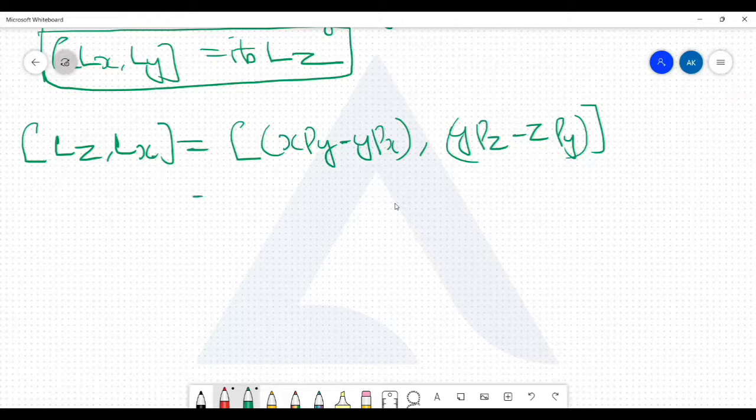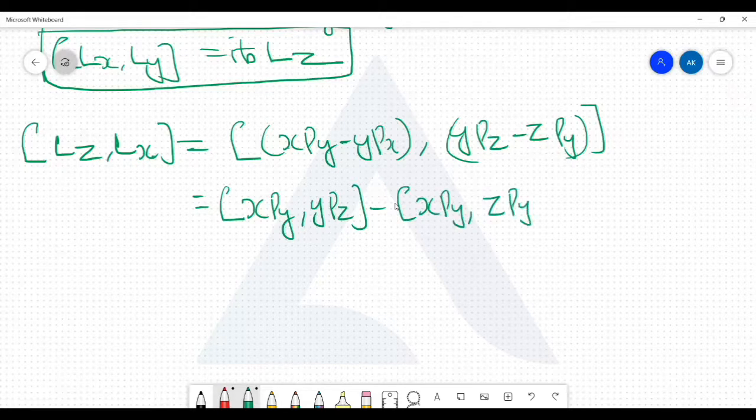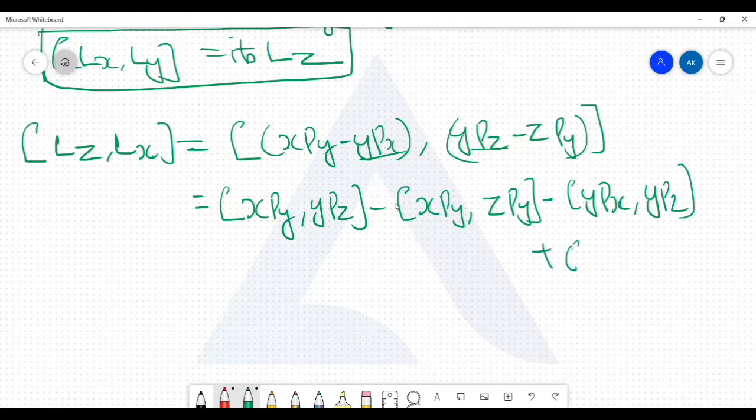So first we have to take that step, x py with y pz. Next minus x py with z py. Minus again y px with y pz, plus y px with z py.